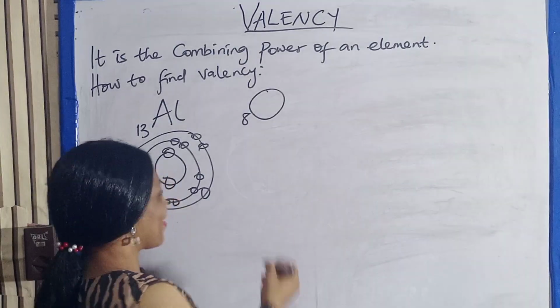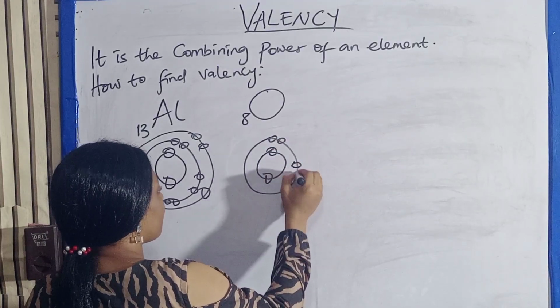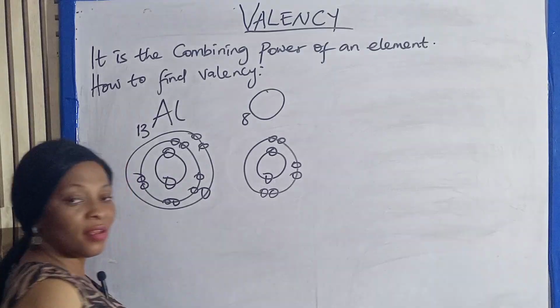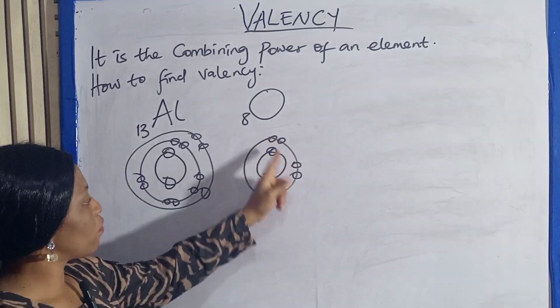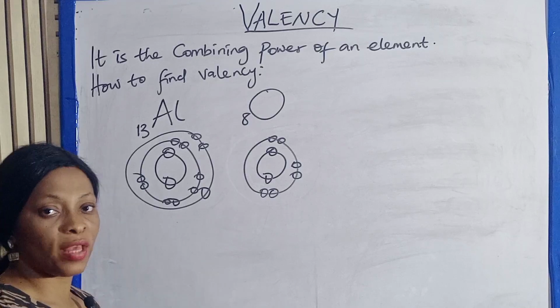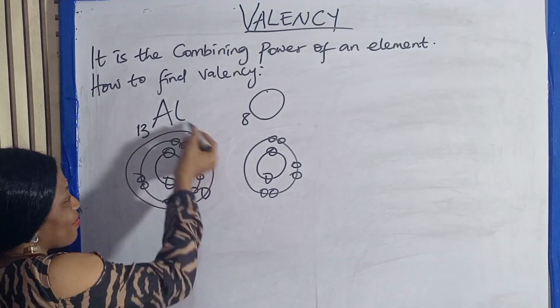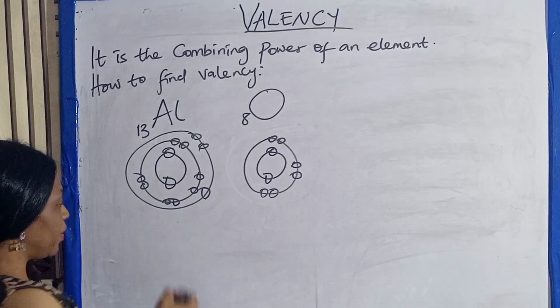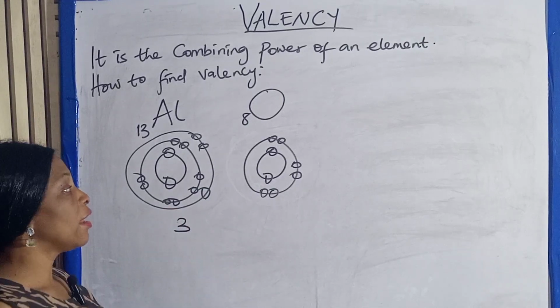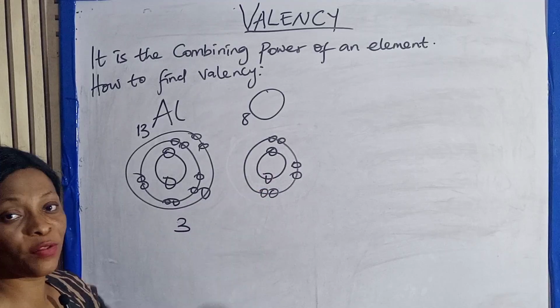So let's draw oxygen. 1, 2, 3, 4, 5, 6, 7, 8. Now the outermost shell is 6. 1, 2, 3, 4, 5, 6. So how many does it need to make up to 8? 2. So what will be the valency of this one? Aluminium has 3 in the outermost shell. What will be the valency? 3. Then oxygen has more than 3. It has 6. How many does it need to complete to the 8? 2.